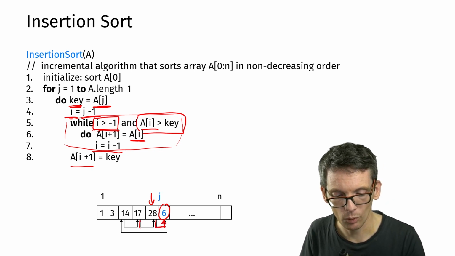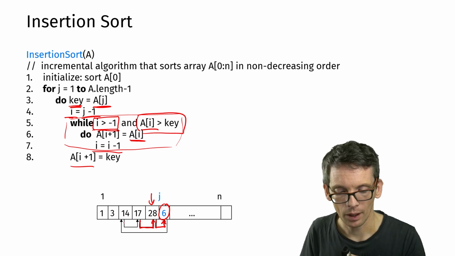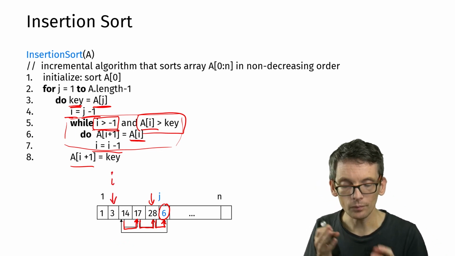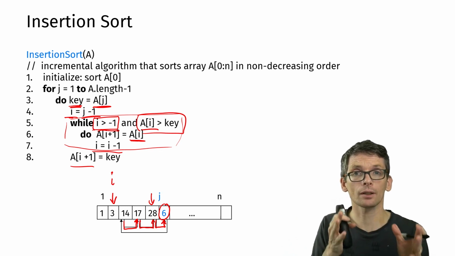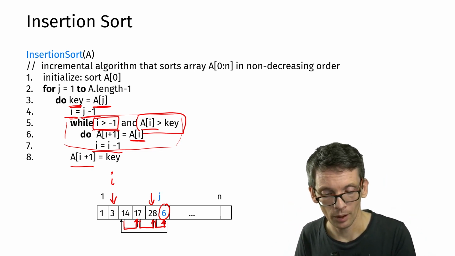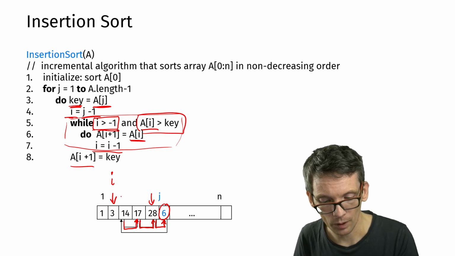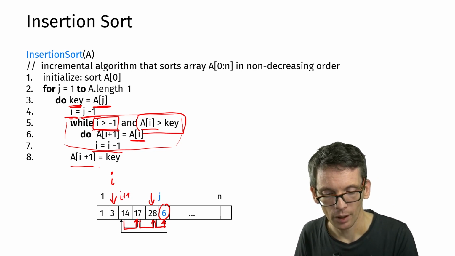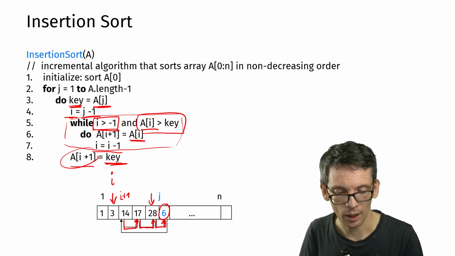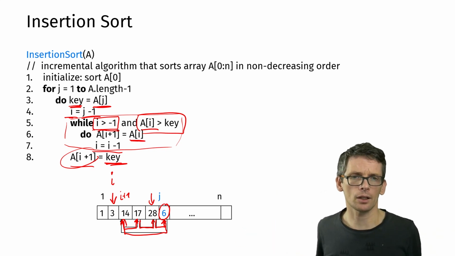And likewise, I'm moving the 17 here, and then I'm moving the 14 here. And then this is my current i, and 3 is smaller than 6, so I stop. At the point where I stop, this one here is i plus 1, and I place the 6, which I stored in key, on that position, and that is insertion sort.